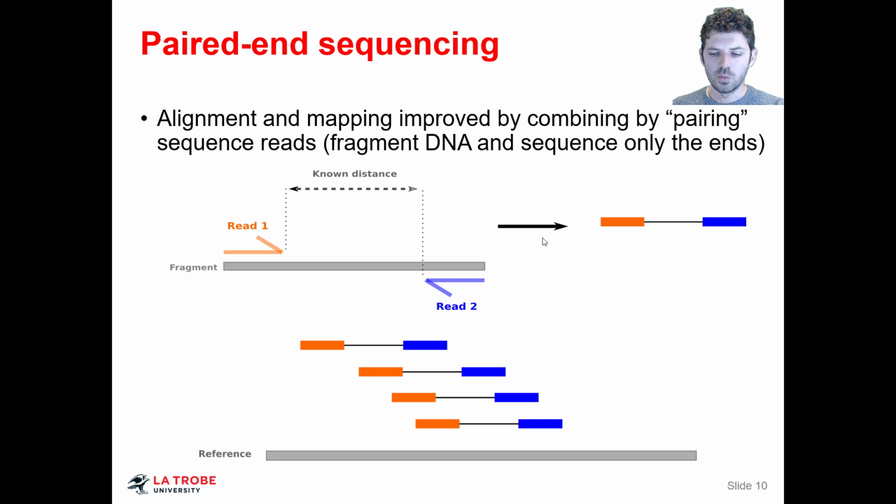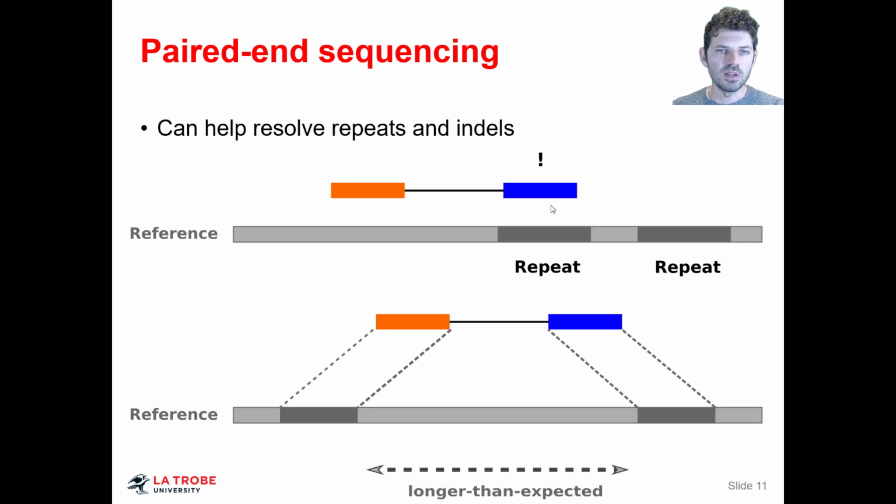The benefit of this method is that if you have unexpected shorter or longer distances in between your paired end reads, this can help solve issues when it comes to mapping, particularly with repeats and deletions. Repeat sequences in this case basically refers to the same DNA sequence being present in your reference in two different locations.